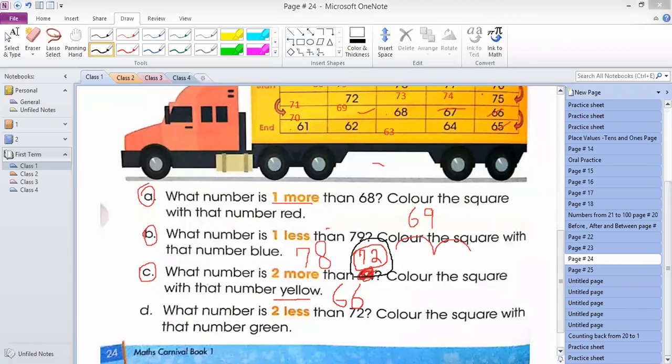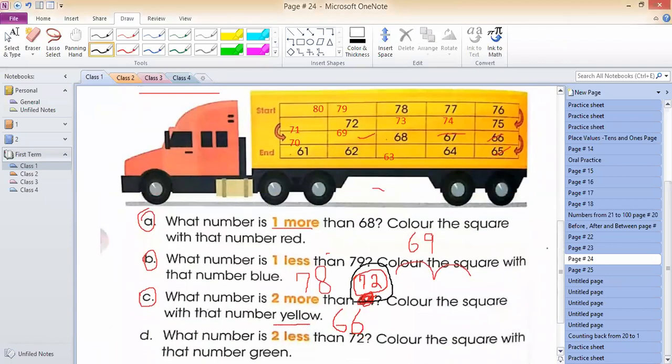Look, they are asking you the number which is 2 more than 72. Some students are telling me the answer 70. Why 70? You have to move forward because you are looking for the number which is more. So you will move forward, you will not move backward. You have to move forward in order to find the number which is 2 more than 72.